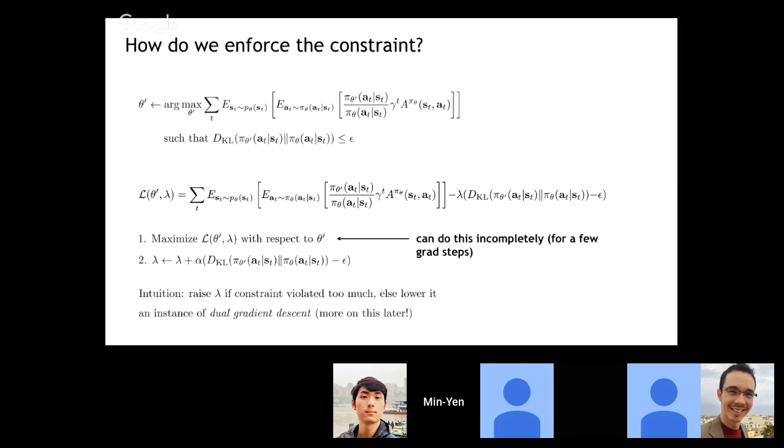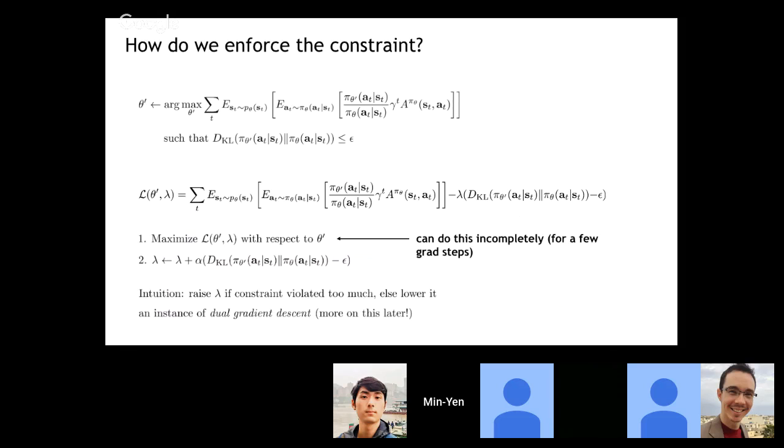So when we try to maximize the Lagrangian with respect to theta, that violates our constraint, and we check that in the second step, and then we update lambda. And if a constraint is violated, lambda increases, then that goes again into the equation, and it's penalized.